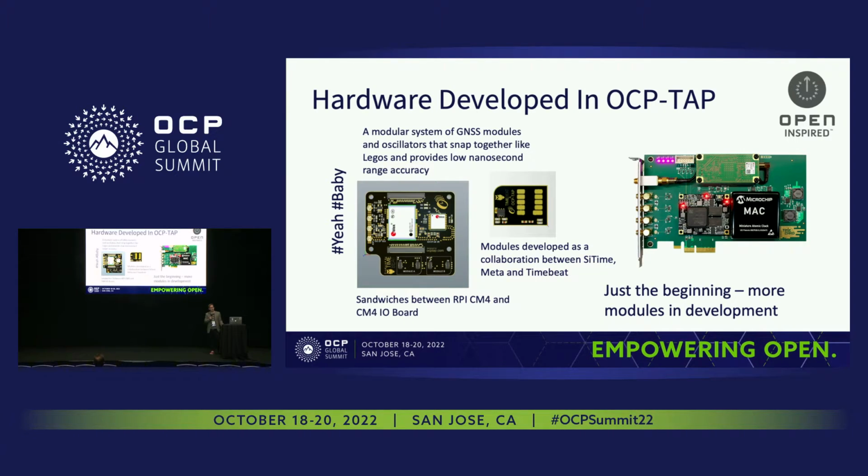And then there's expansion modules, currently working with companies like SiTime with their MEMS oscillators to plop on, and you can really start to customize how you use sync in these devices, both on the high end with the time card and also on the lower end with this baby brother time card. And it's all in this goal to democratize time, make it accessible, make it open. All the plans are online. You can build them yourselves, as well as go to some of the manufacturers and get it pre-built for you.